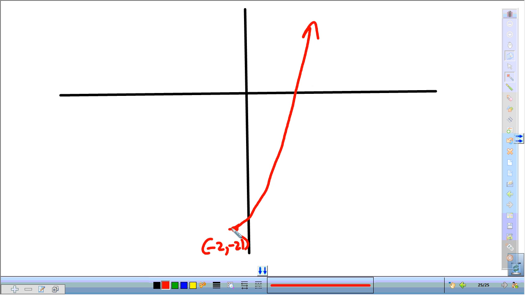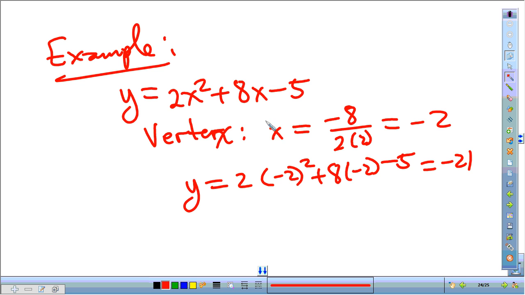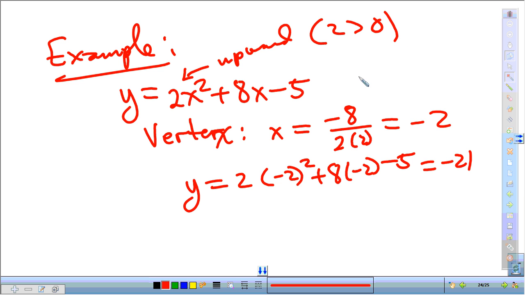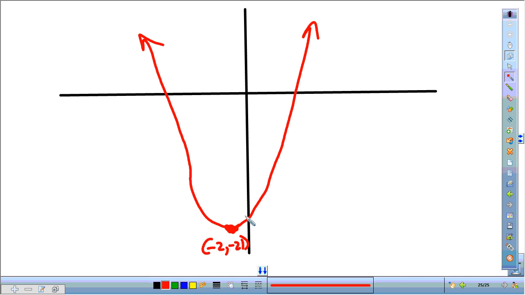So this general shape. And I know it opens upward because the coefficient of x squared is positive. Now, I roughly sketched this in.